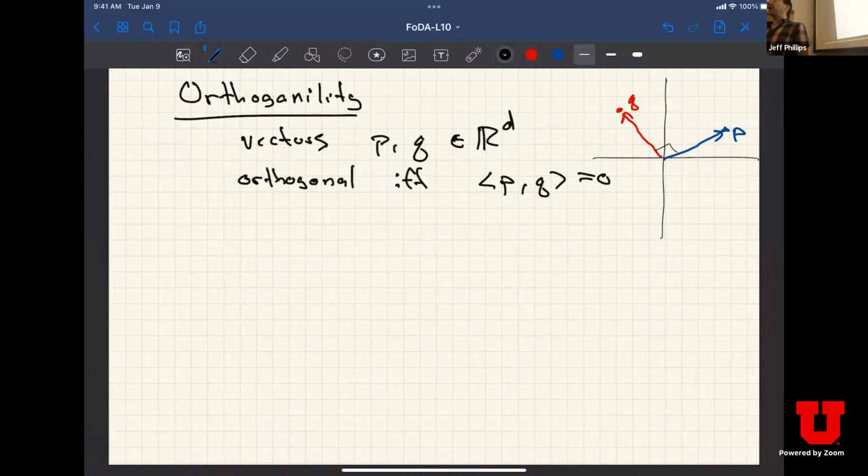You may have seen in a high school geometry class, you draw this square kind of angle here. That's a 90-degree angle between them in 2 dimensions, and this will correspond with the inner product of these being 0.